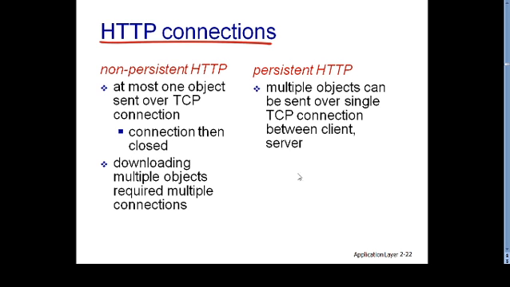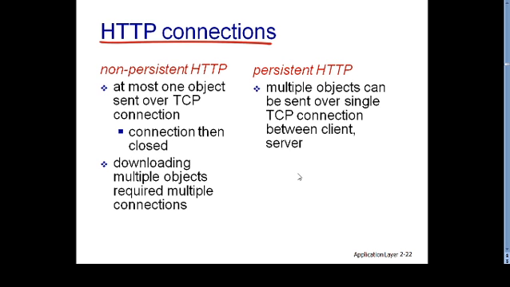Here it is also mentioned that multiple objects can be sent over a single TCP connection between client and server. In case all those objects need a separate TCP connection to get transferred from server to client, then that HTTP connection is called a non-persistent HTTP connection.